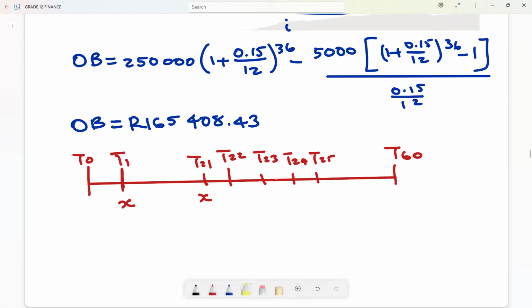This is what the bank will do. Right? The bank will say, okay, we see that you have paid from T1 to T21. Let's calculate the outstanding balance. You paid from T1 to T21 and then skipped 3 months due to financial difficulties, and then you regained your form and continued from T25 to T60.